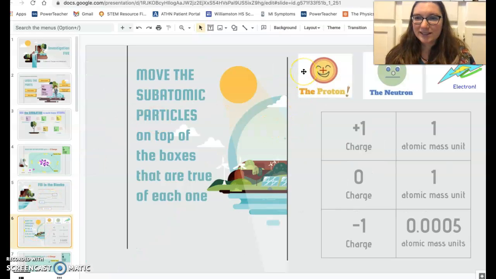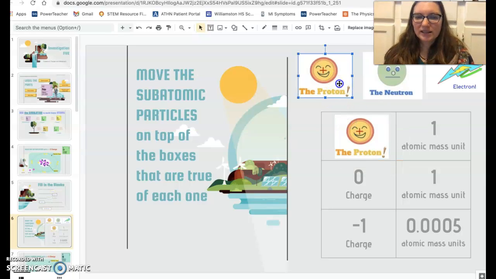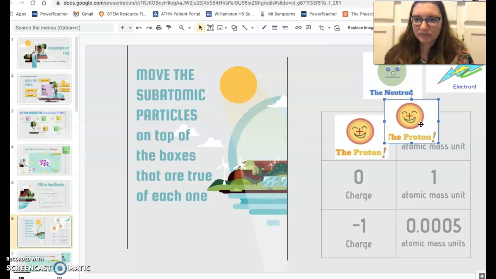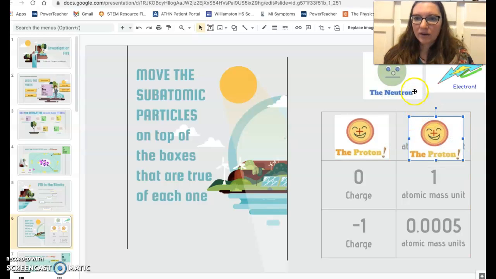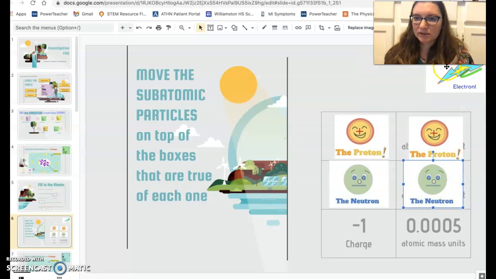Alright, this is actually an investigation 4 thing, but I like this slide, so I put it in. Okay, protons have a +1 charge, and they have an atomic mass unit of 1. Okay, neutrons have 0 charge, or a balanced charge, and they are also 1 atomic mass unit.